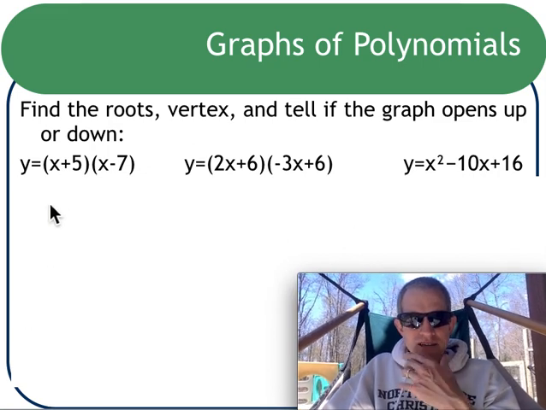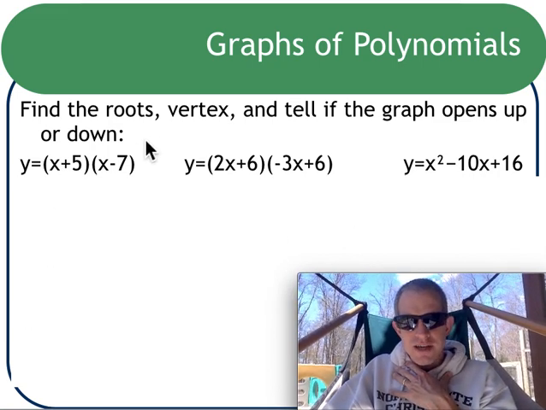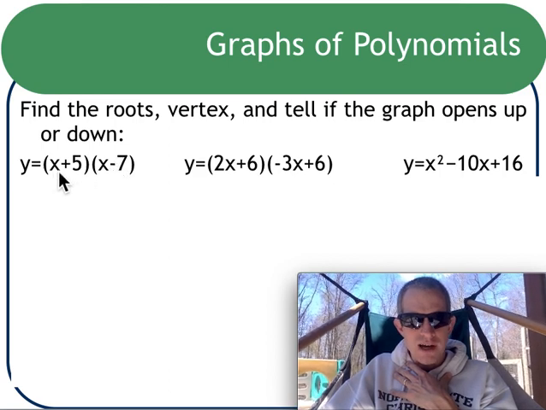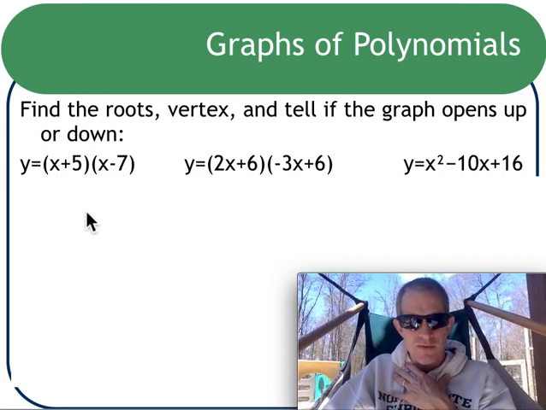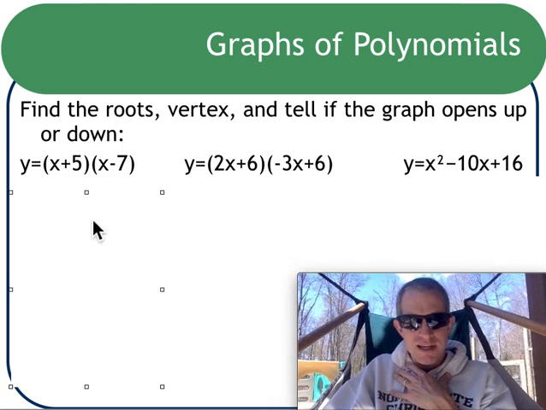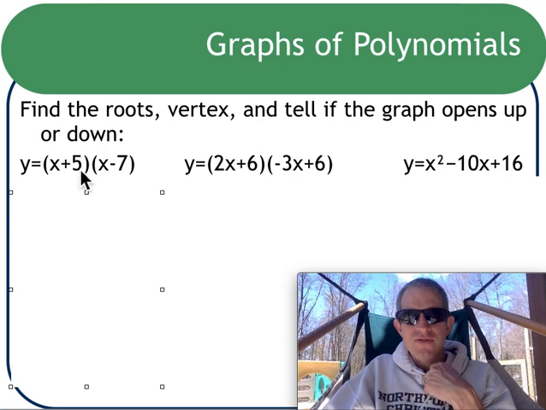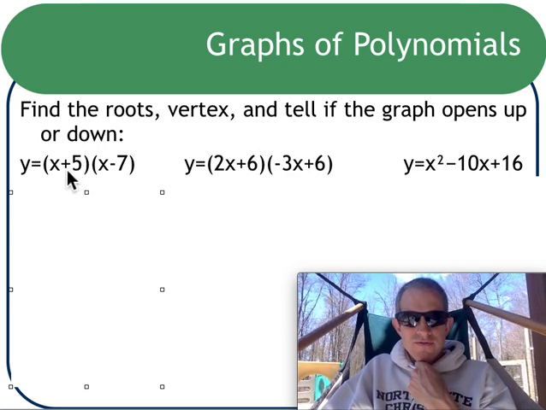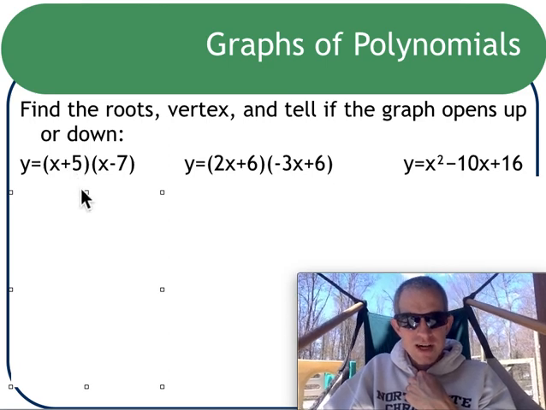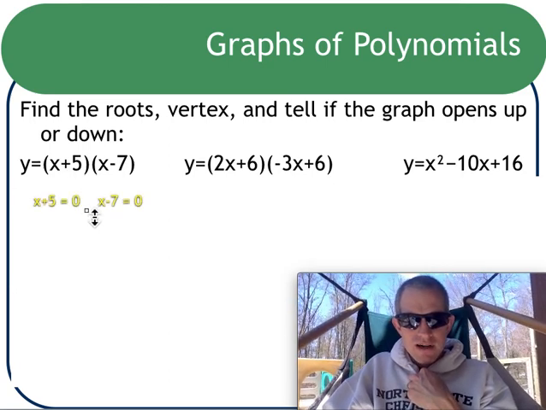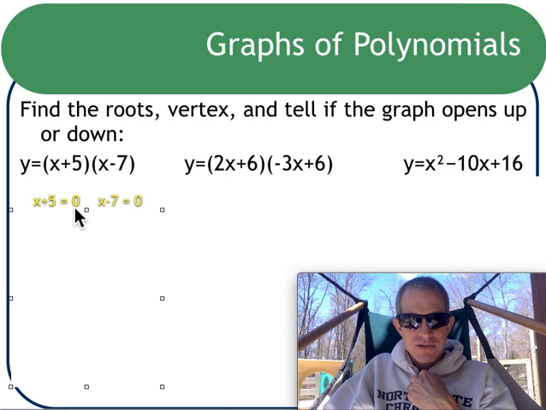It says here, find the roots and the vertex and tell whether the graph opens up or down for the following. So this is given to us in factored form. Said that wrong. That means we can set each of these factors equal to 0. And when we do that, x plus 5 equals 0.